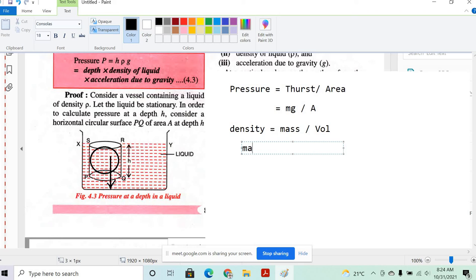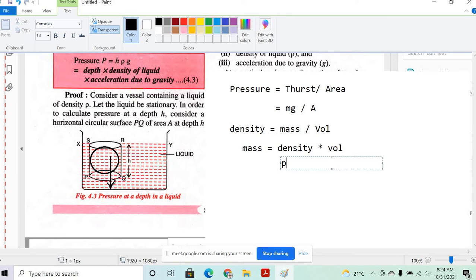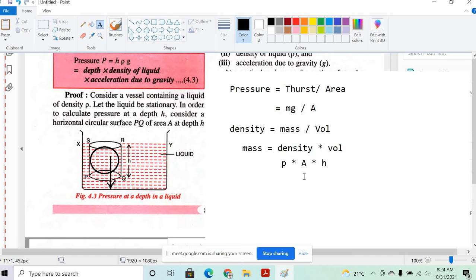So mass will be given as density into volume, correct? Density is already given for the fluid as rho. And what is volume? Volume is area into height. Okay, I got it now. So this is the mass in mg.